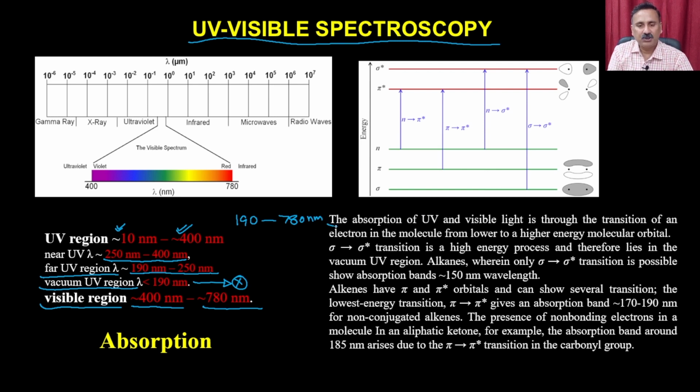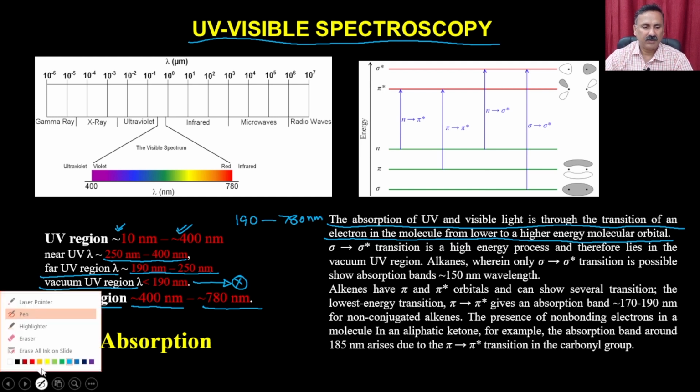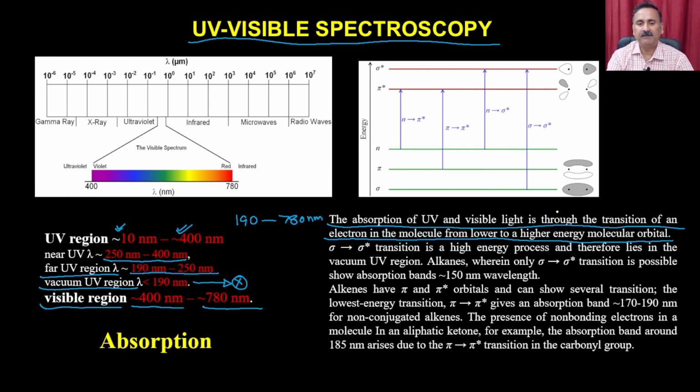The absorption of UV and visible light is through the transition of an electron in the molecule from a lower to a higher energy molecular orbital. This is what has been shown, how the different types of UV visible transitions happen. So the absorption of UV and visible light is through the transition of an electron from the lower to a higher energy state.